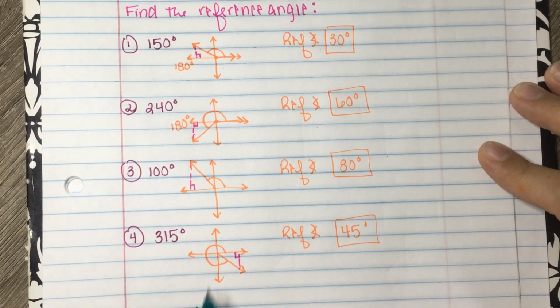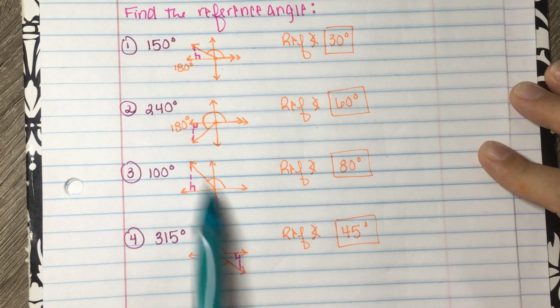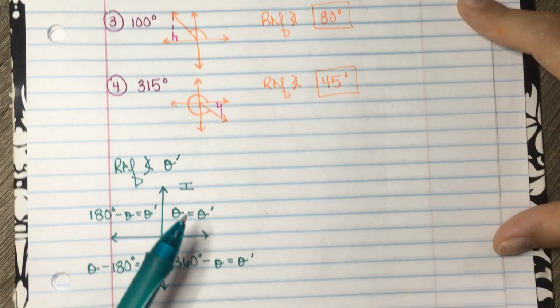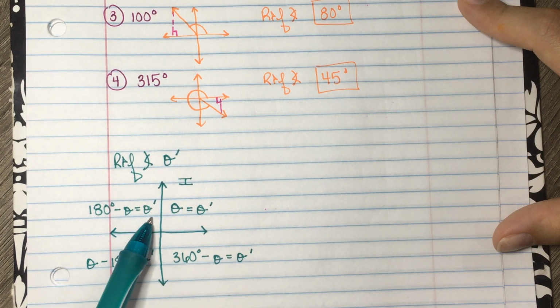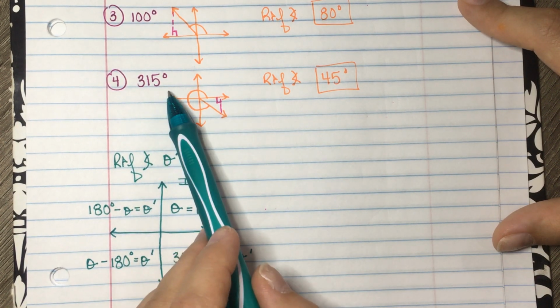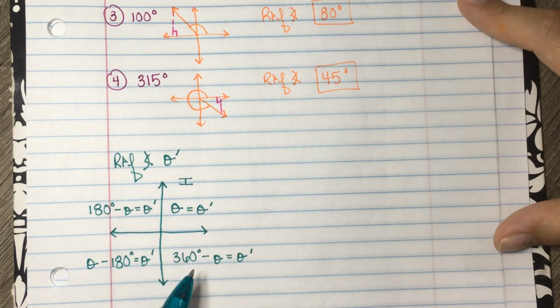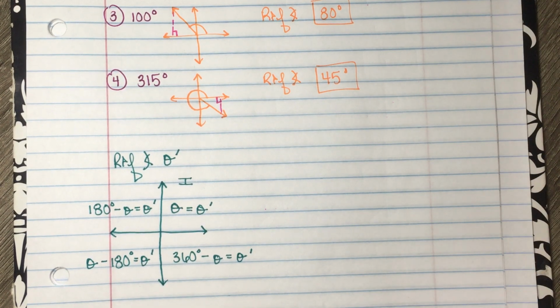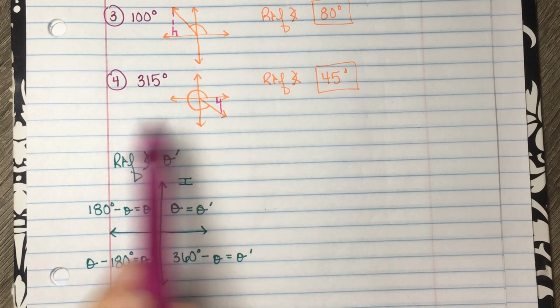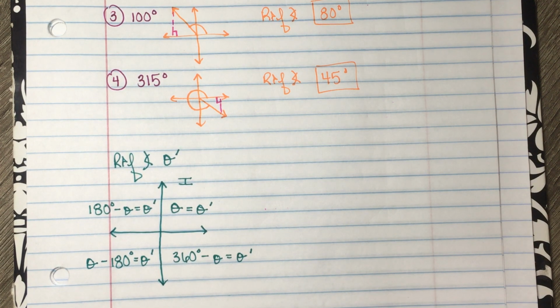That's my reference angle. Here, number 3, I'm in quadrant 2, 100 degrees. So I'm following the rule in quadrant 2 here. 180 minus 100 degrees is 80 degrees. And then the last one, I'm in quadrant 4 here, which means I do 360 minus 315 equals 45 degrees. So I like to think, what is the distance from the nearest x-axis? You could also use this pretty chart here to help you solve.